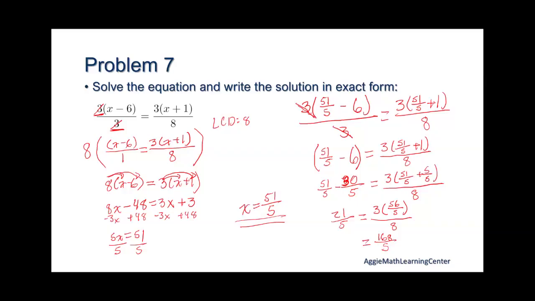And I'm going to rewrite our dividing by 8 as 1/8, because that's going to be the same thing. And then you get 168 over 5 times 1/8, and you can divide across here and get 1. And 8 times 21 equals 168. So you do get 21/5 equals 21/5. So our solution is a valid solution. It's going to work.